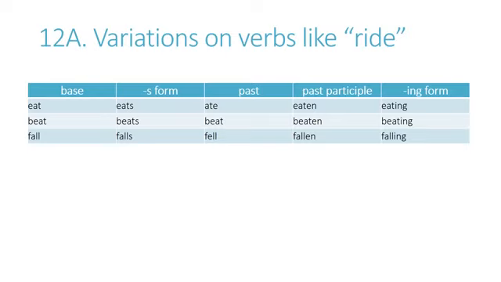Now notice with beat, there is the same word in the base form and the past form, kind of like hit, but the past participle has an -en ending. Then last is fall, fell, fallen. This one returns to the original vowel sound in the past participle, fall, fallen.